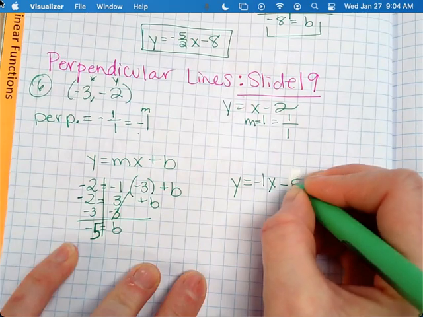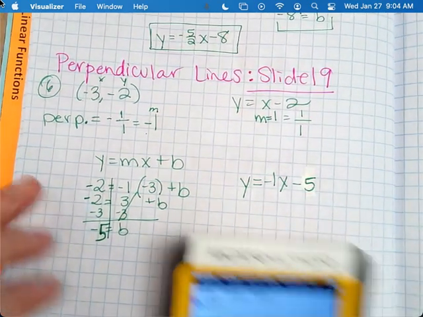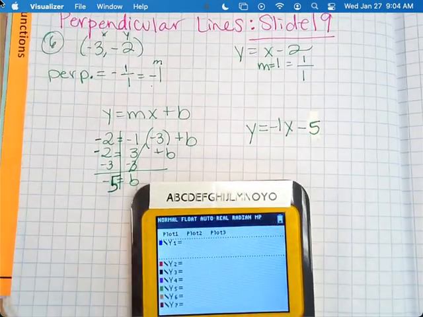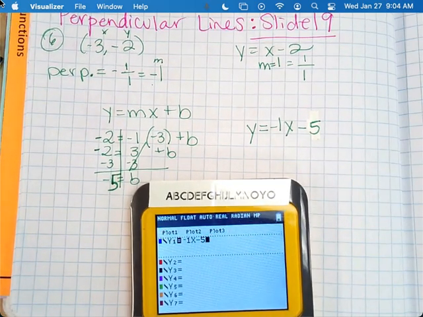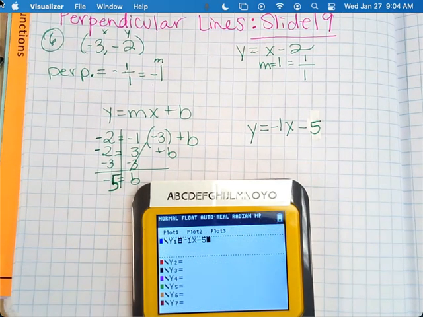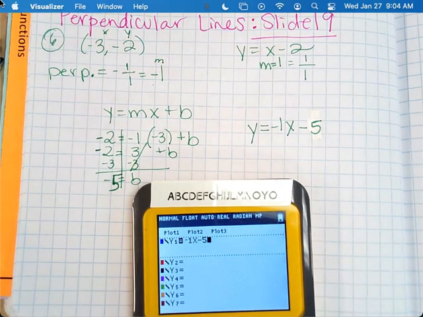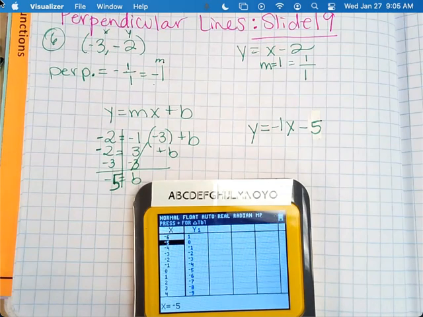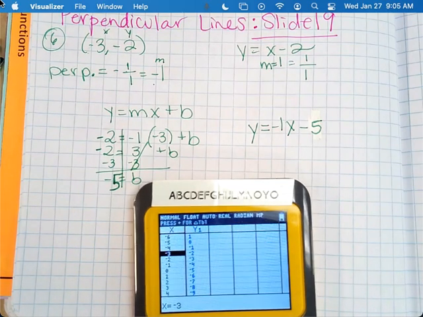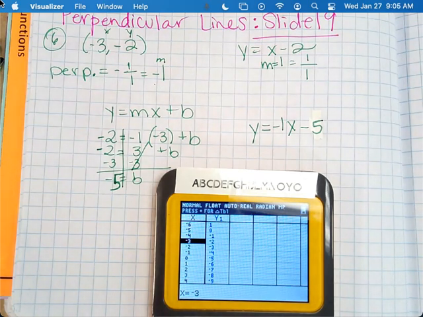Me too. I did too. Okay, so this would be -1x minus 5. See, we would have found that out looking at the table, but I'm so glad you pointed it out before then, because then I would have been embarrassed. All right, so then we have what? -3, -2. And it's there. Yay! We're done.